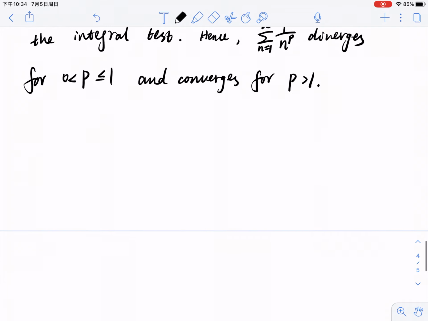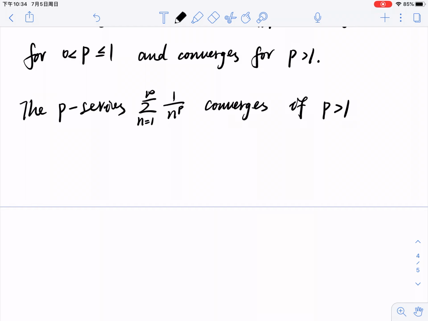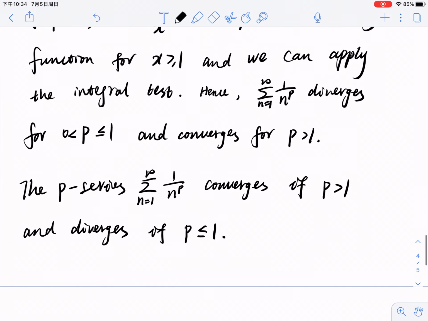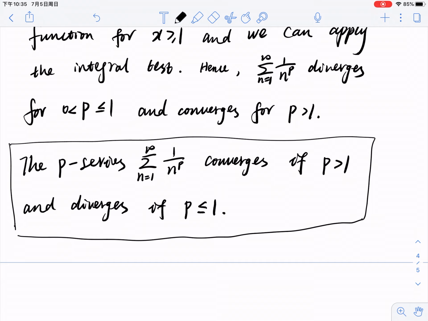We can summarize what we have found as follows. The p-series, the sum of 1 over n to the p from n equals 1 to infinity, converges if p is greater than 1 and diverges if p is less than or equal to 1.